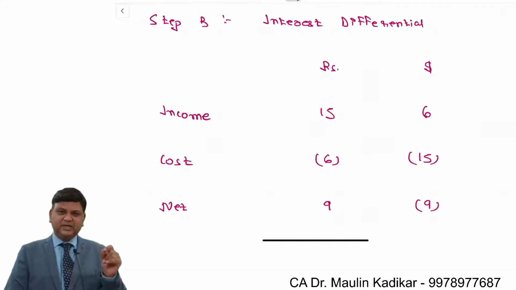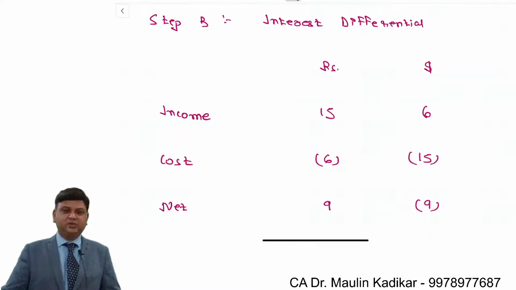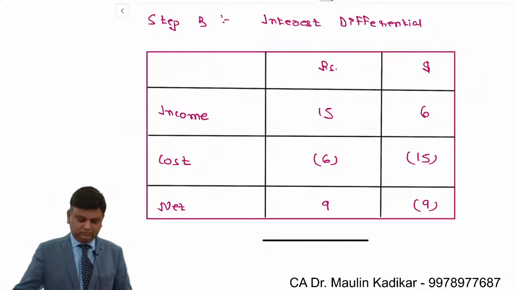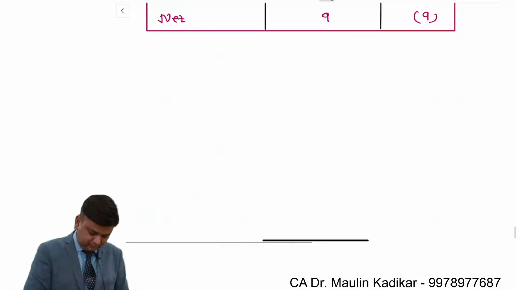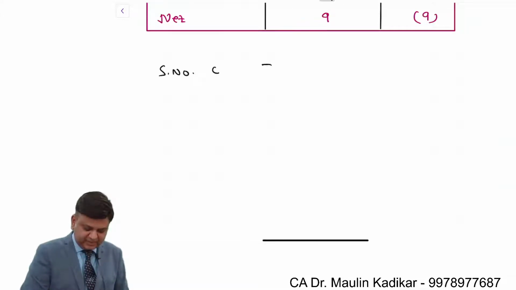Why do we compute it? I just explained to you in the fourth step, step number C. In that, we will prepare a small table: rupee currency and dollar currency.